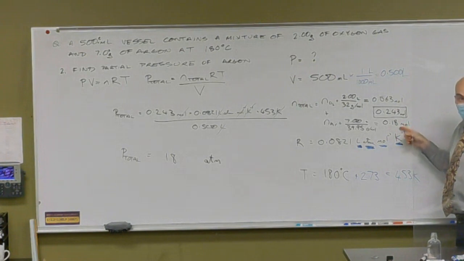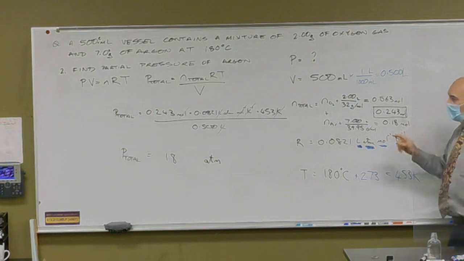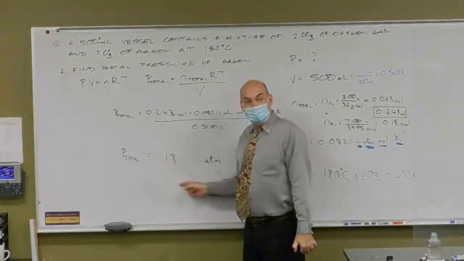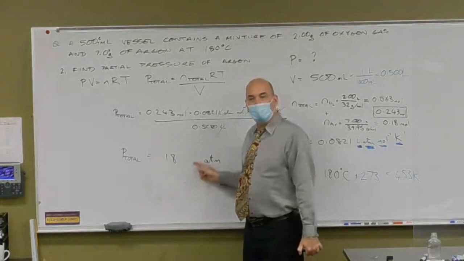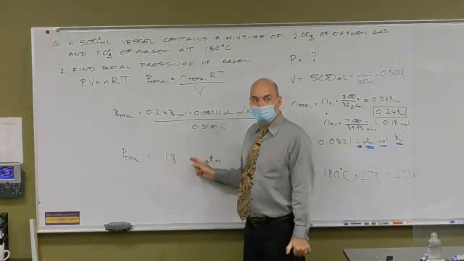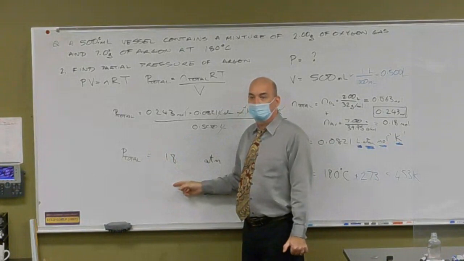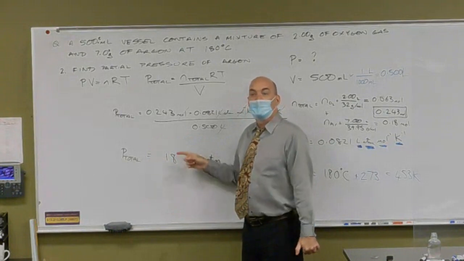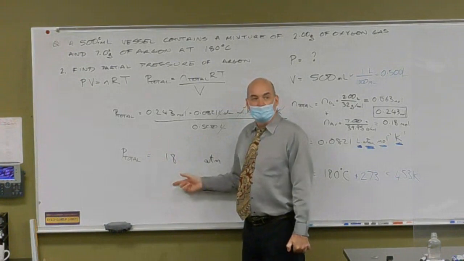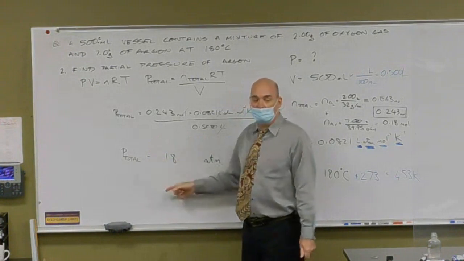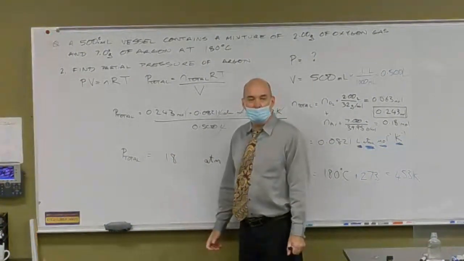The moles of argon is 3 times larger than the moles of oxygen, which means this 18 atmospheres of total pressure belongs mostly to the argon. Most of it belongs to the argon. So when you get a number, and that number doesn't reflect that little piece of logic, do your math again.